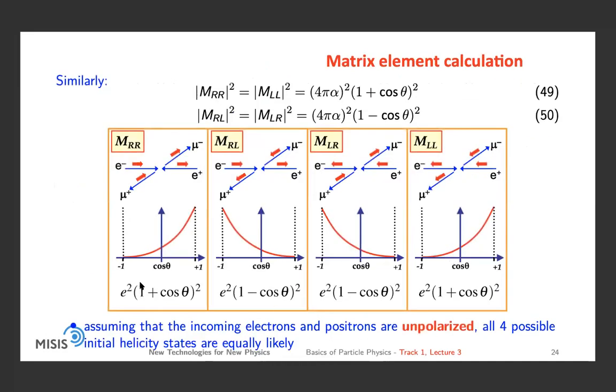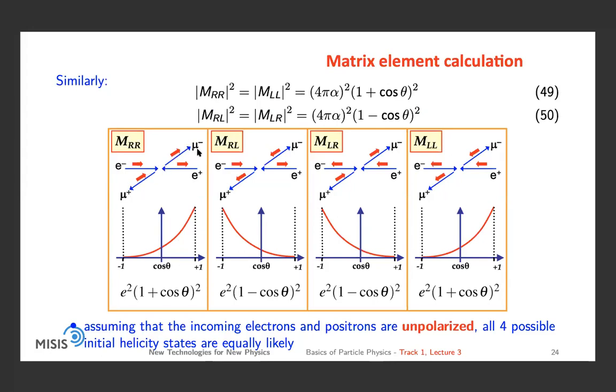In the graphical representation, it will look like this. So you see that MRR as a function of the scattering angle theta of the negative muon behaves in this way. And actually, this is very easy to understand from the picture of the spins, which you can see here. The spin of this electron added to the spin of this positron gives you total spin equal to unity. And then for the scattered muons, total spin is equal to unity in this direction.